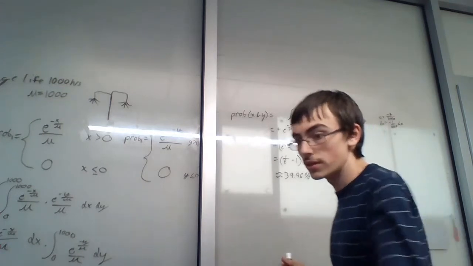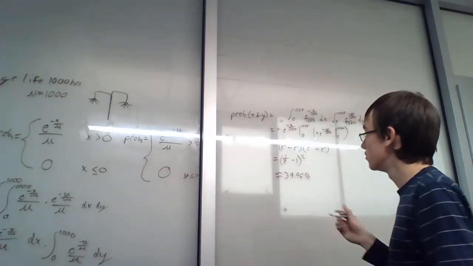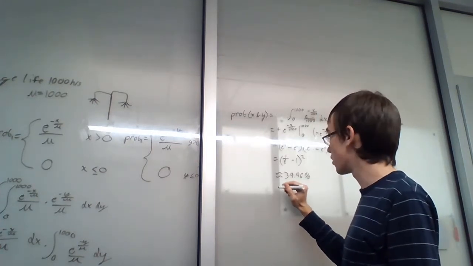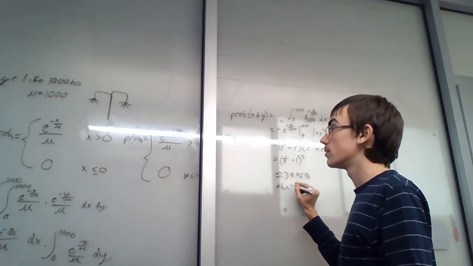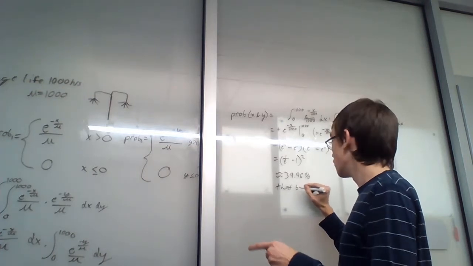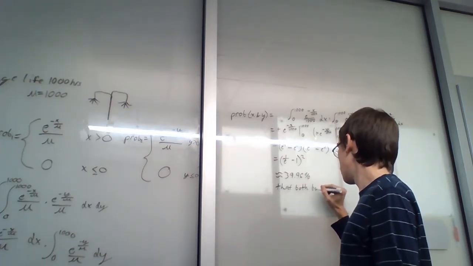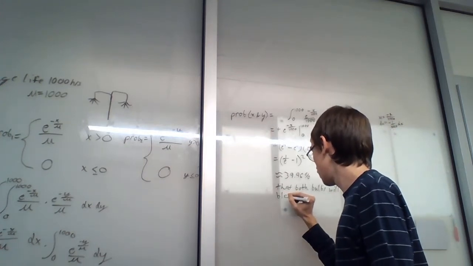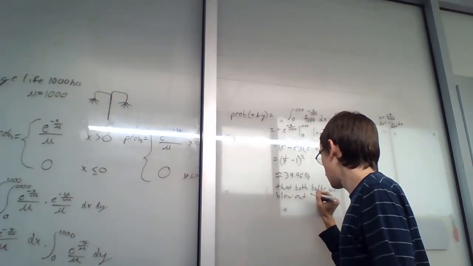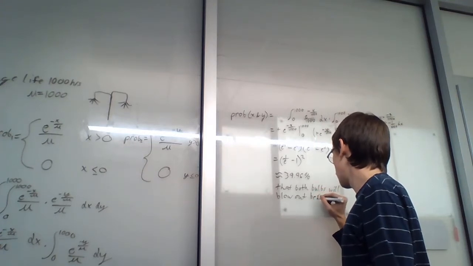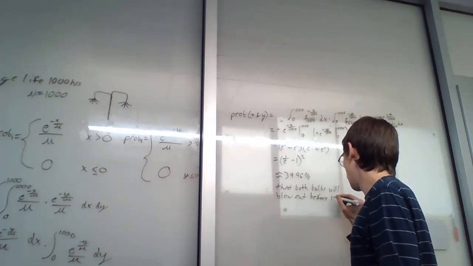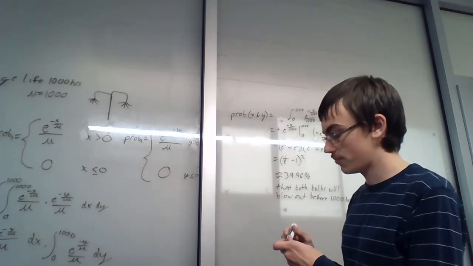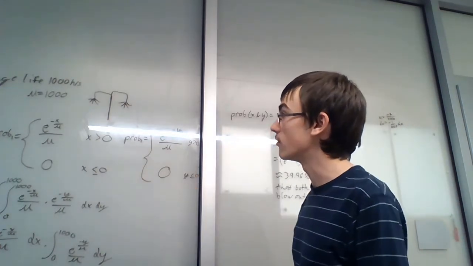So what this means in the context of this problem is that there is a 39.96% probability that both bulbs will blow out before the 1,000 hours, or before the 1,000 hour average for each bulb.